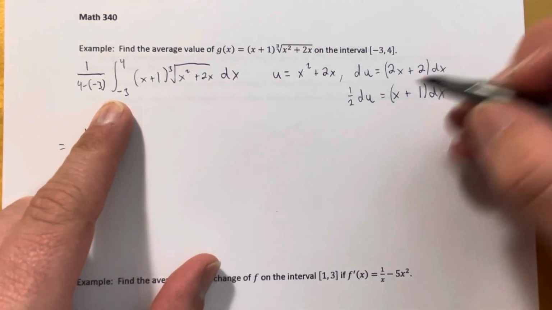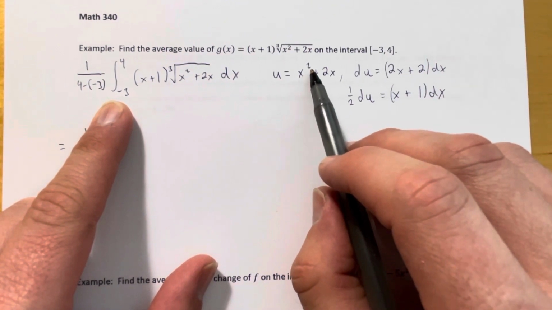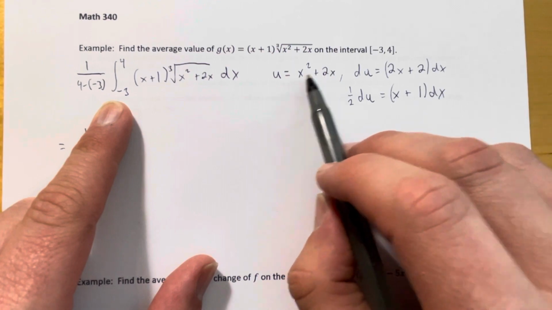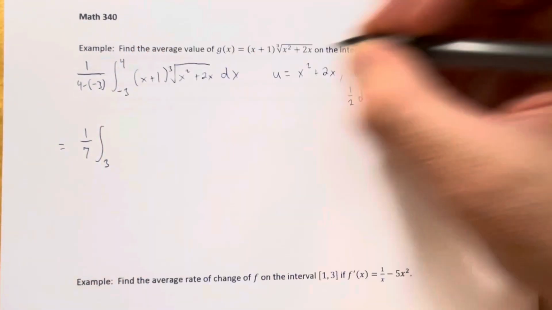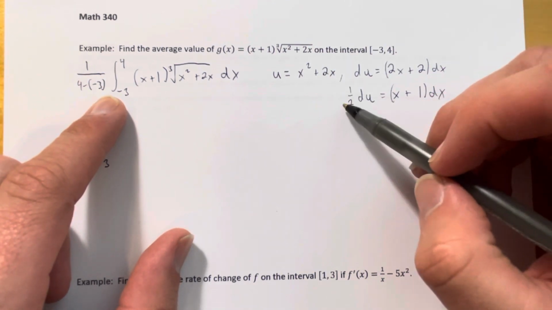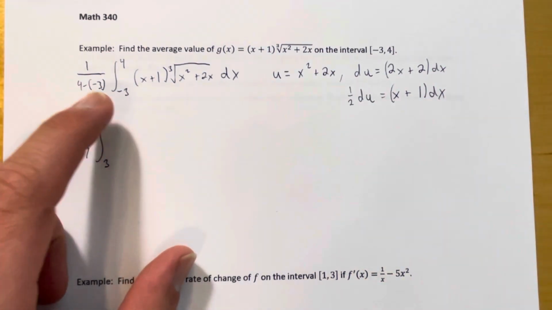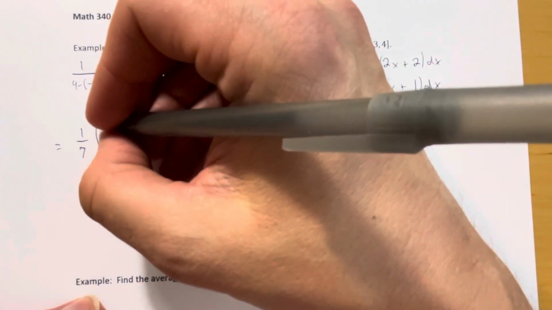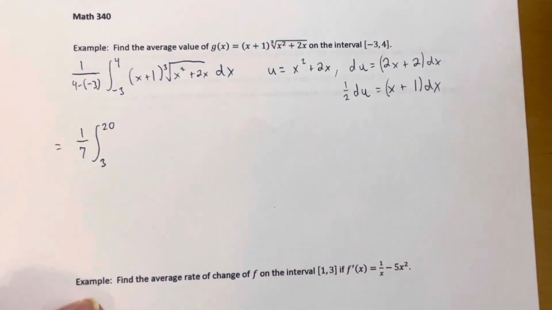So I'm going to plug negative 3 into my u. Negative 3 squared is 9, plus 2 times negative 3, that's negative 6. 9 minus 6 would just be 3. Plugging a 4 in, 4 squared is 16, plus 2 times 4, that's 8. So 16 plus 4 would be 20. So I'm going to put a 20 there.